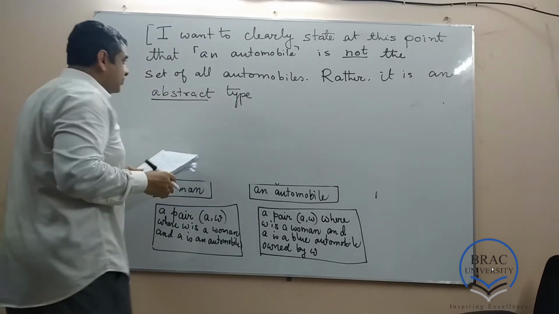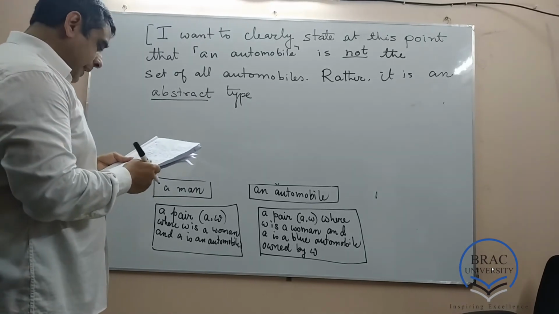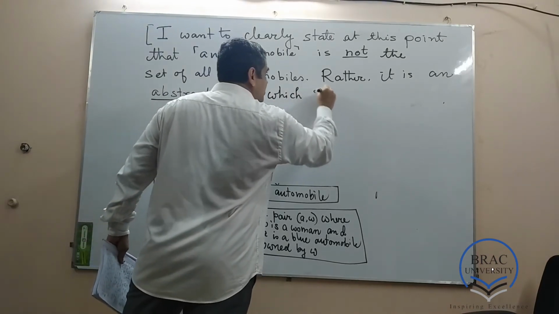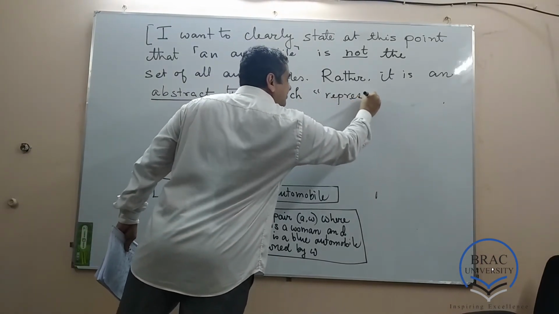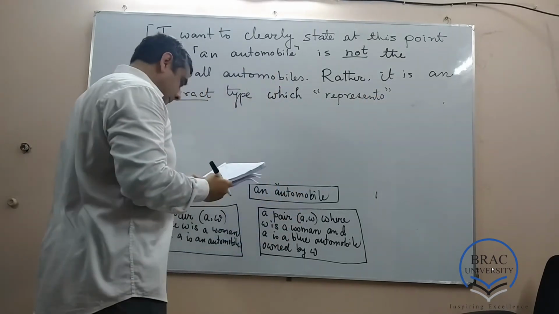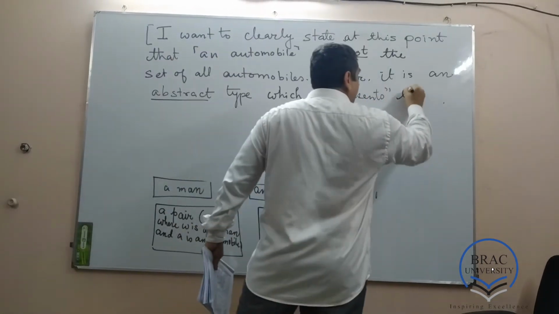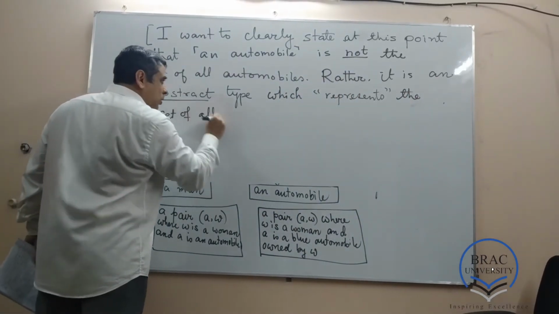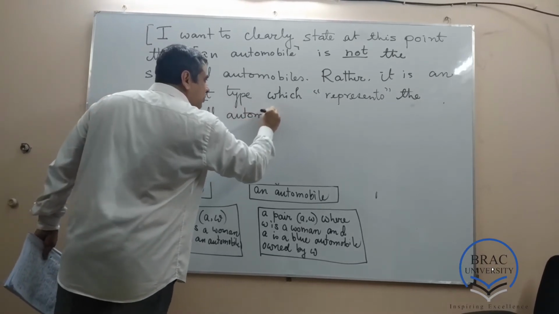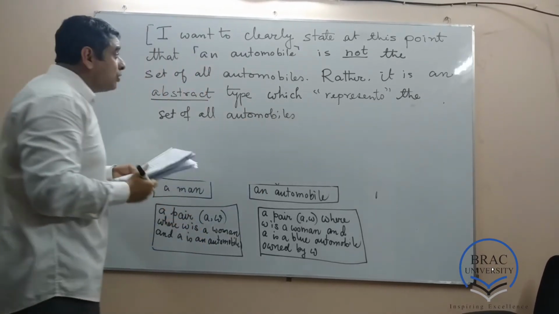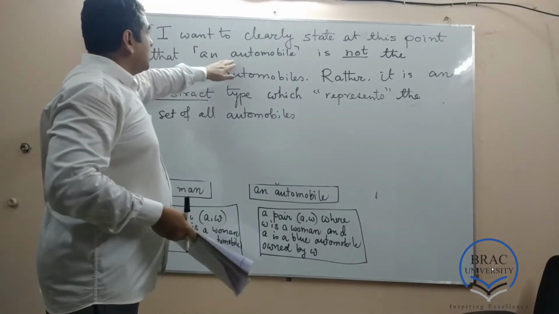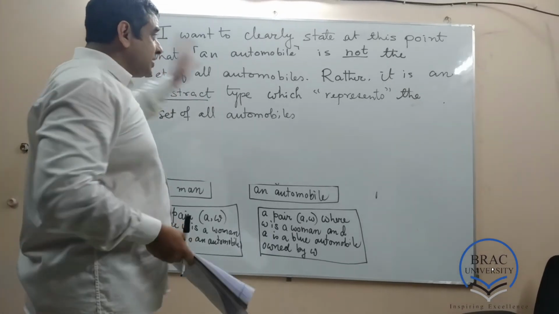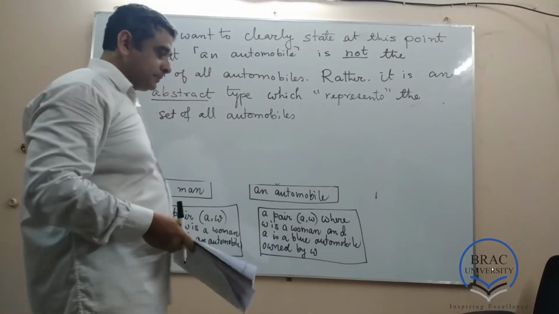I want to underline this abstract word also. Abstract type, which represents, like I told before, the set of all automobiles, while being different from the set of automobiles. Okay? It just represents this set, but is not the same.